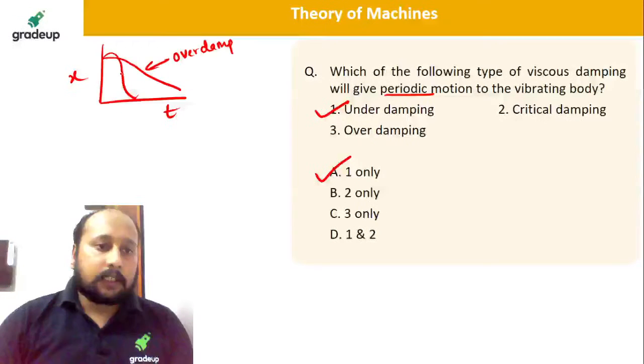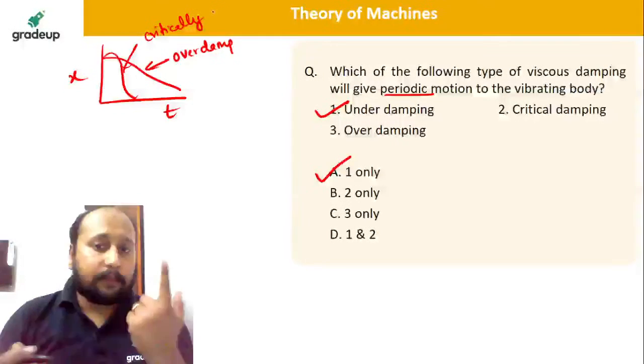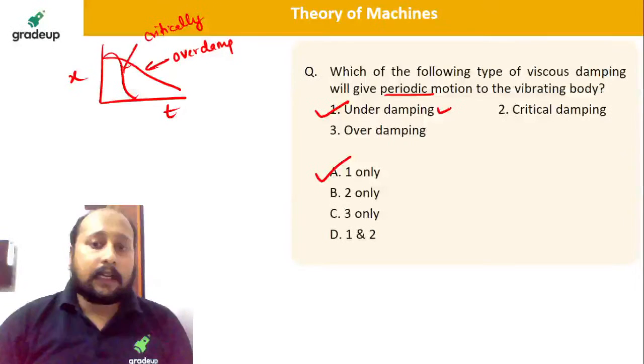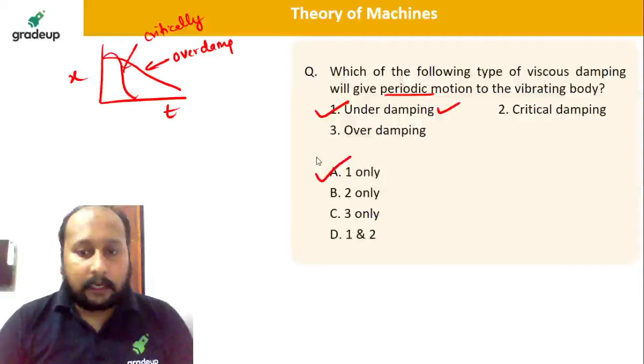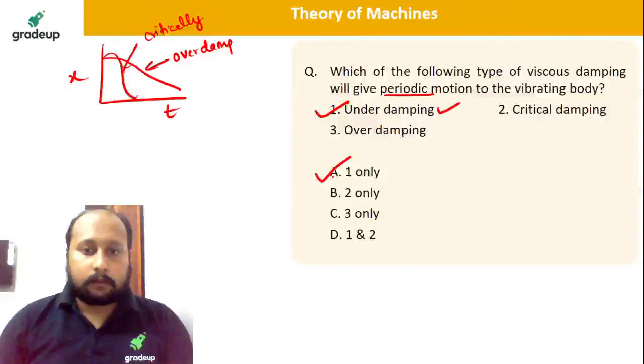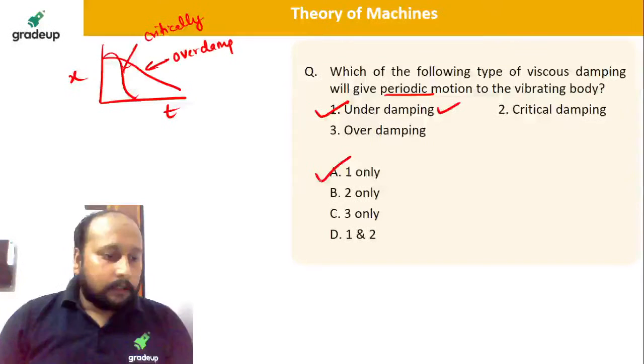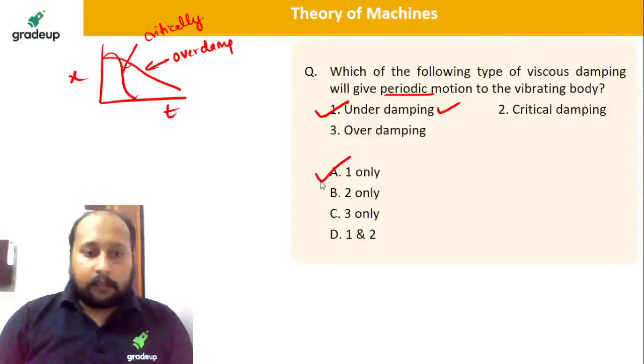This is for critically damped. And we won't be getting any periodic motion. Periodic motion we are getting only in the underdamped. Option A is the correct answer. Very good. All of you are correct. Option A, underdamping.